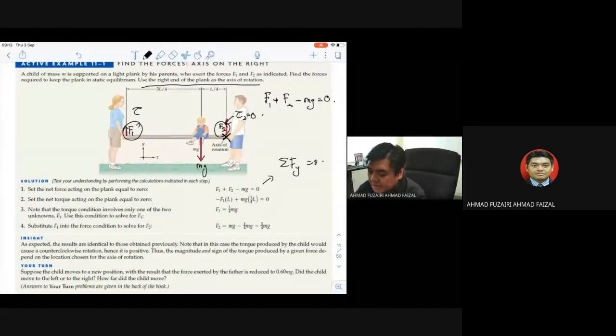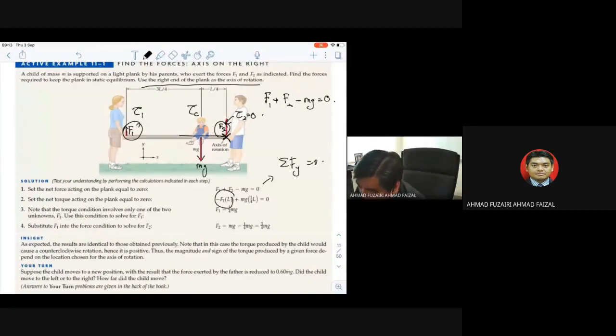Now we have to calculate the torque of F1 and the torque of the child. The distance is L. For the torque of F1, it will be negative, F1 times negative. Why negative? If we go from here to here, we lift F1 upwards, so F1 will be going this way, and going that way is clockwise. Clockwise has a negative value.